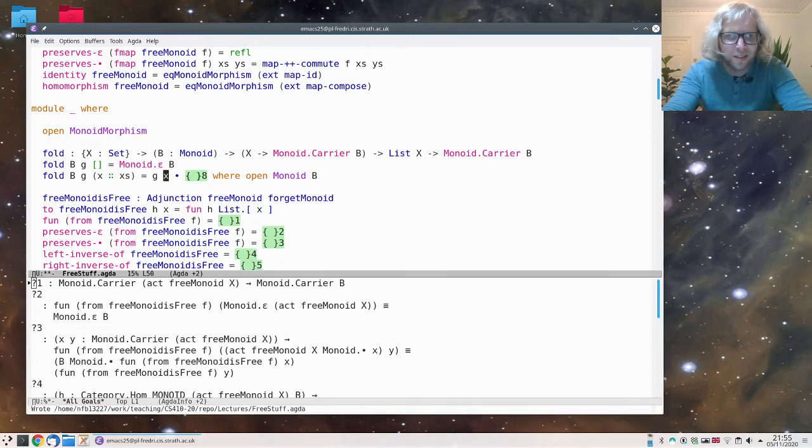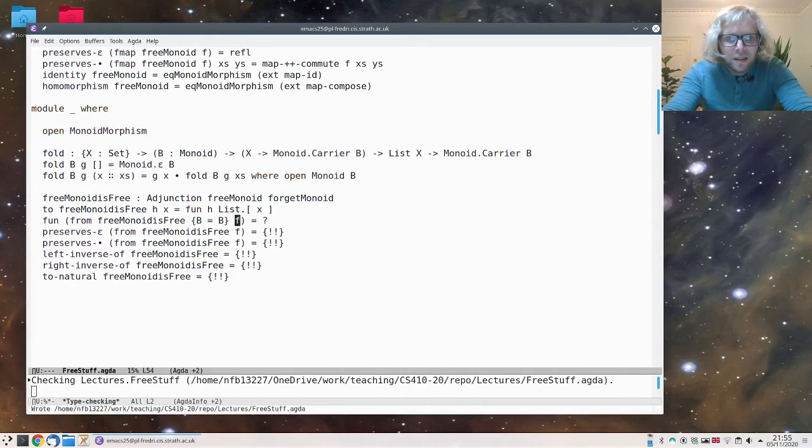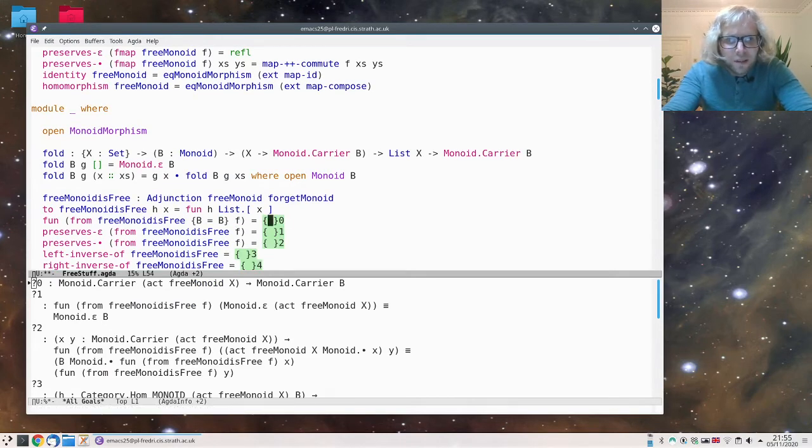I can do that with single things, so I multiply that with the rest. Right, so this means it's g of the first one times g of the second one times g of the third one until you get down to the empty list, and then it's times unit, which does nothing, right? So that's going to be my underlying function.